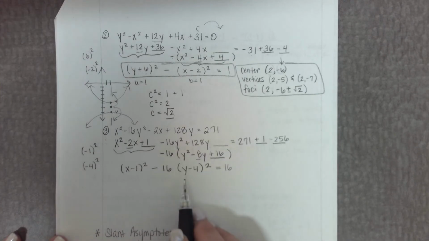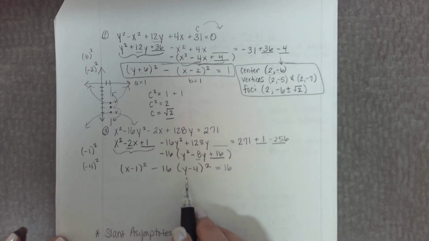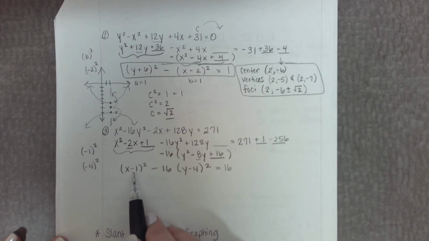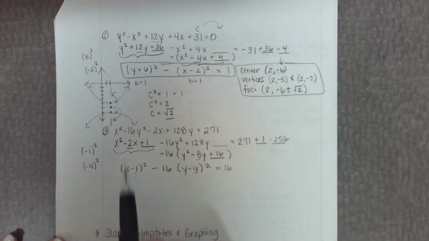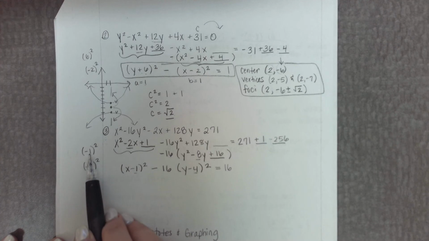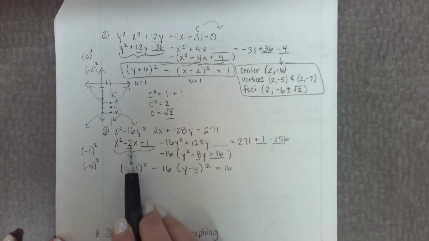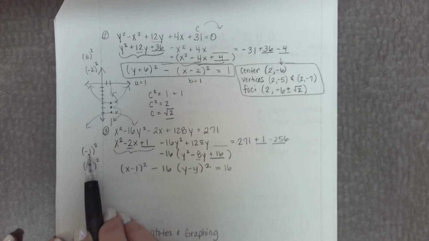And one thing I want to mention here before we go any further, if you'll notice when you factor your trinomials, the number that you get right here when you factor is always whatever this number was when you took half of it. That's why I've been writing it down over here so you can see the shortcut. When we took half of negative 2 and squared it, half of negative 2 was negative 1.